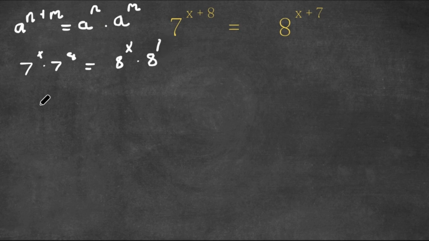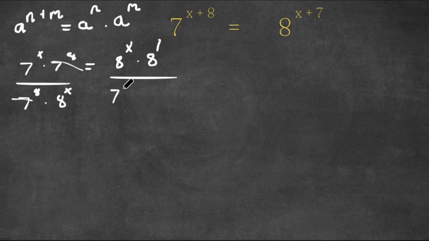Now I'm going to divide both sides by 7 to the power of 8, as well as 8 to the power of x. So these two would cancel out, and on this side, these two would cancel out.